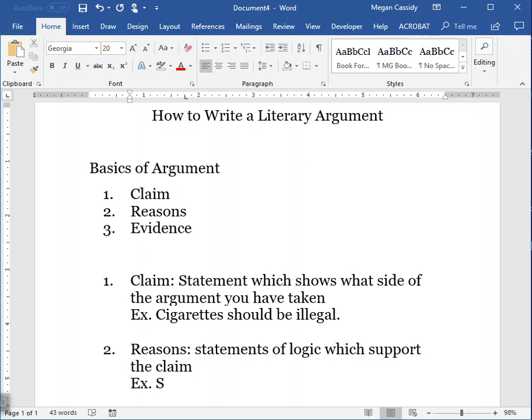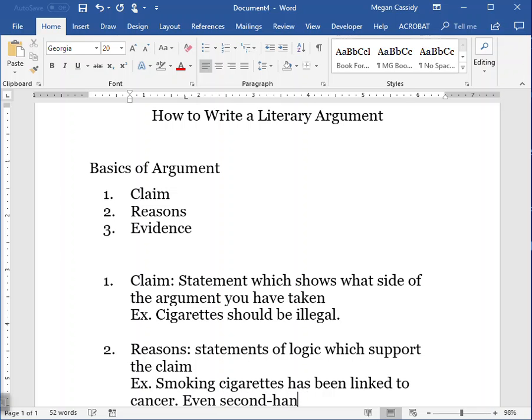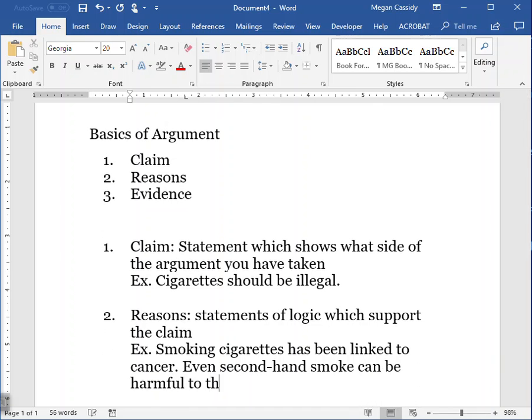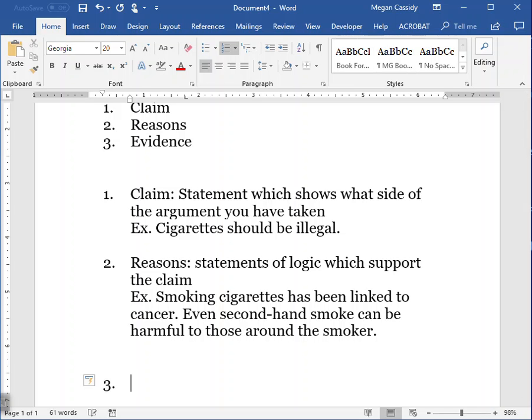So, one reason is smoking cigarettes has been linked to cancer, even secondhand smoke can be harmful to those around the smoker. So those are two reasons. They're not maybe the strongest reasons in the world, but they'll do for our purposes right now.